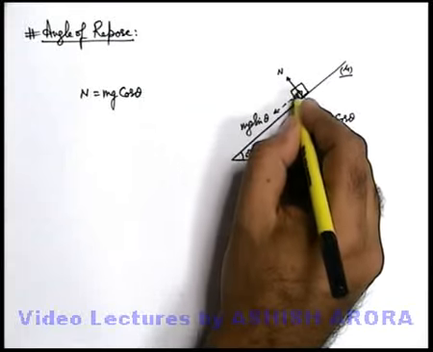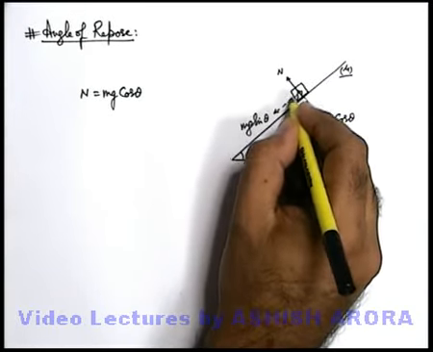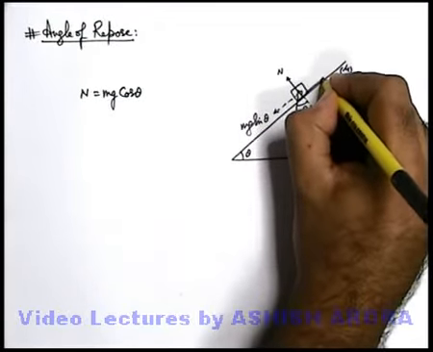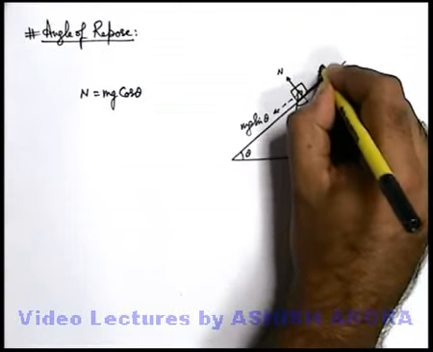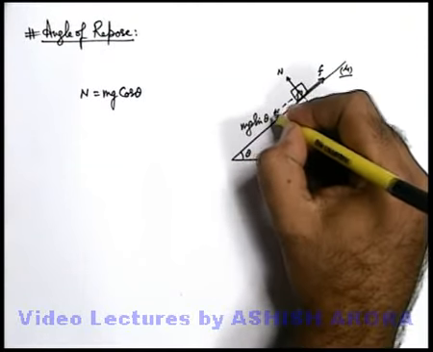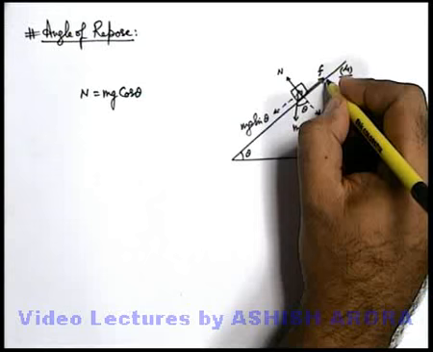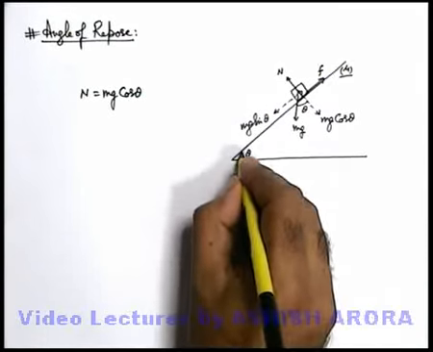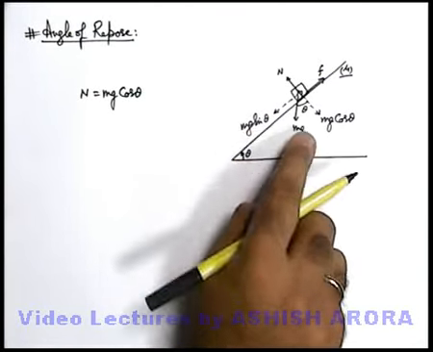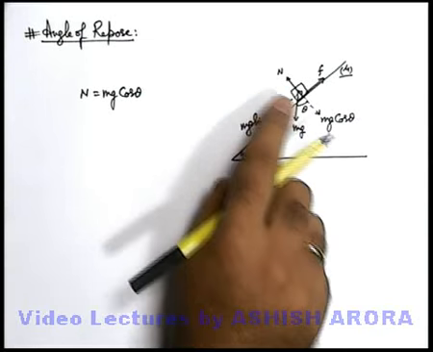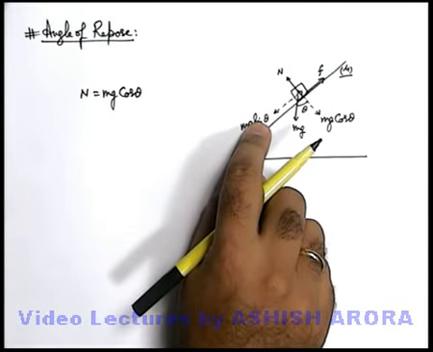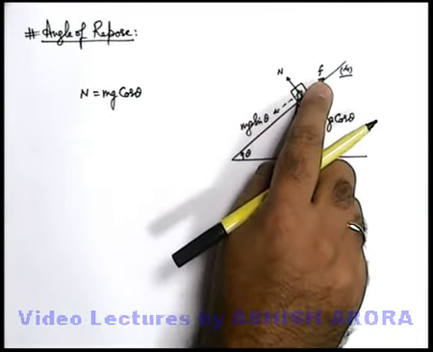In this situation, mg sin theta will have a tendency to slide the block down, but friction will act in upward direction, which will not allow the block to slide unless it exceeds the limiting friction. Now, if we start increasing the inclination angle theta, mg sin theta will increase and the value of friction will also increase.